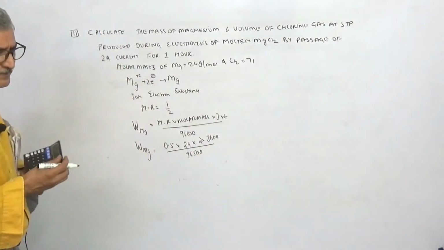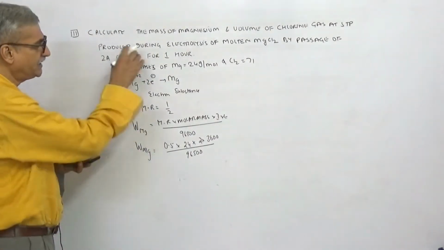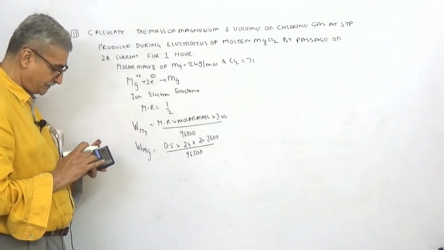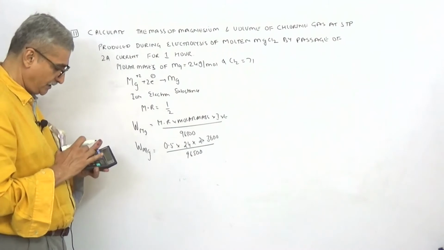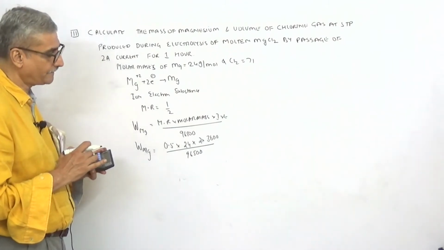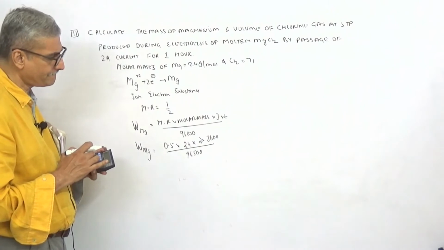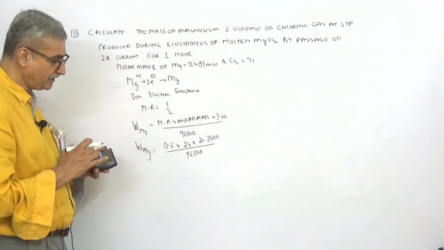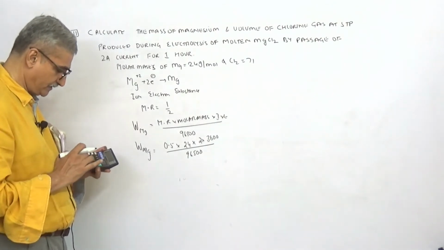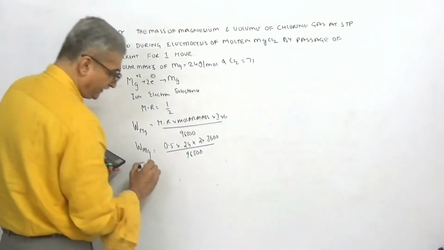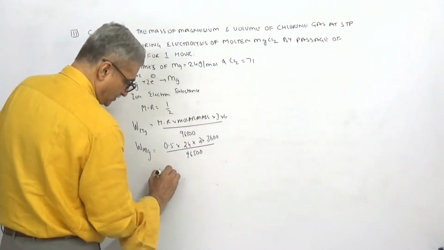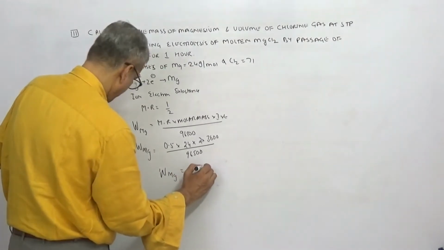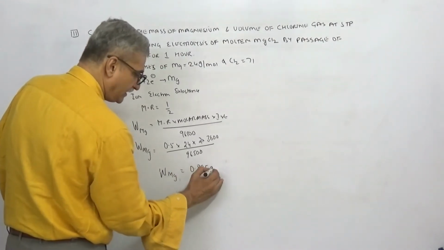That's the only place where people make a mistake. They just take it as 1 hour, put 1 and finish it off. So 0.5 into 24 into 2 into 3600 divided by 96,500. So that is 0.895. So weight of magnesium is 0.895 grams.